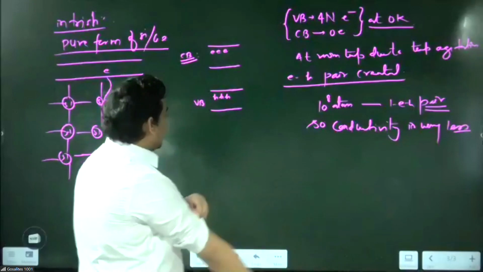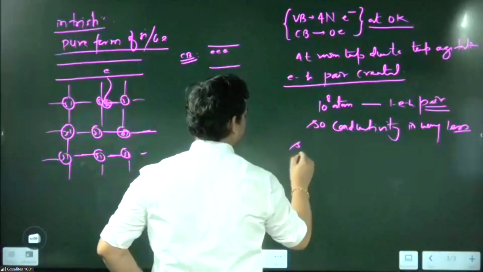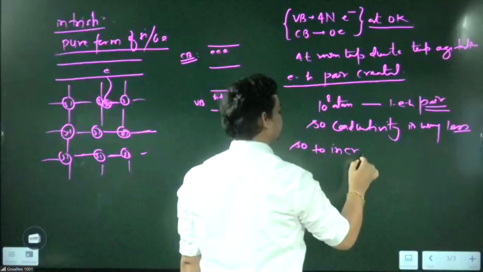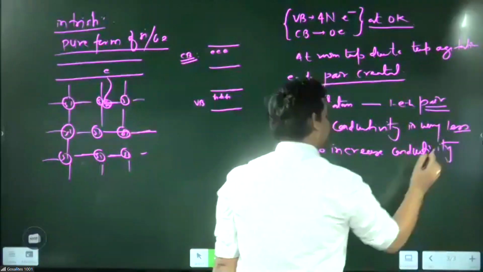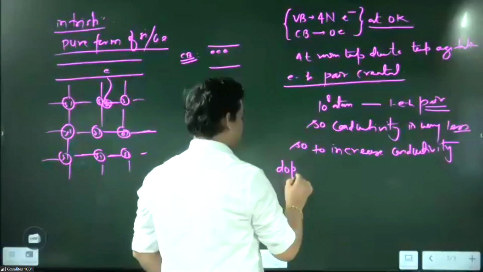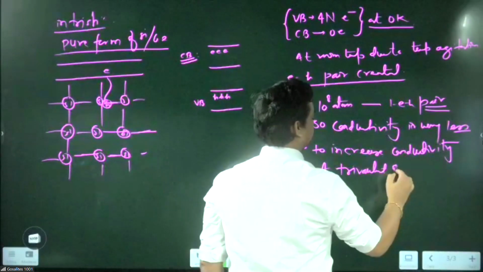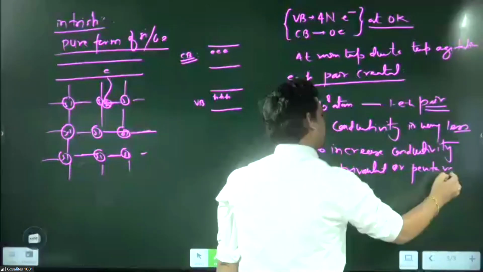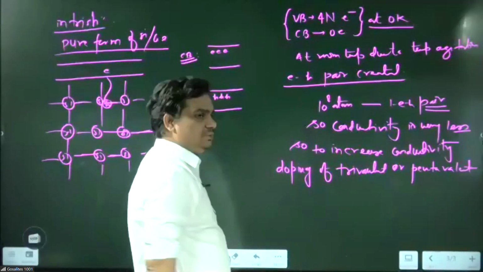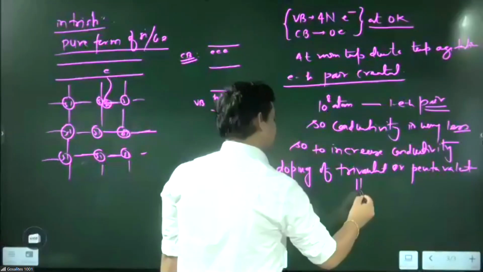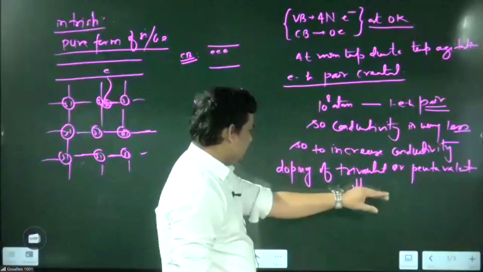Now, to increase conductivity, we do doping of trivalent or pentavalent impurities.